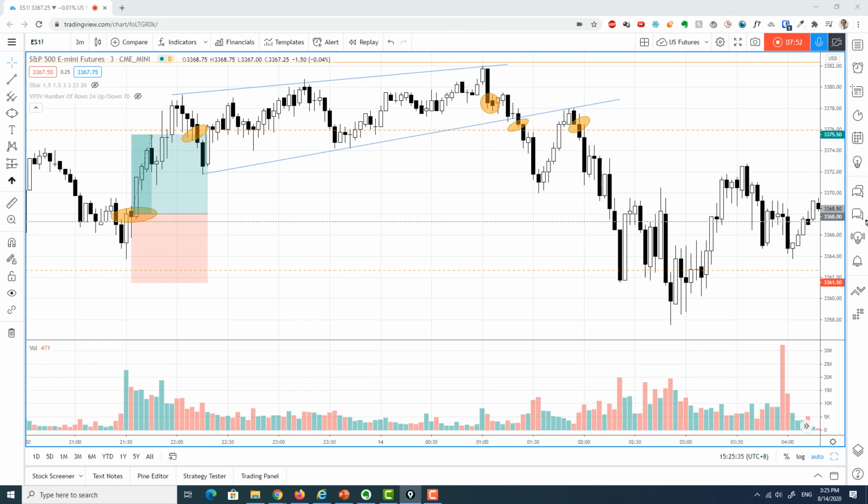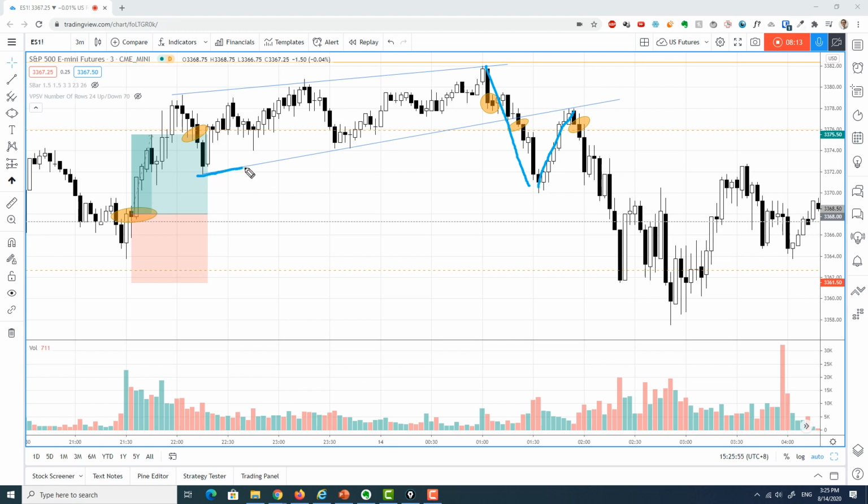And subsequently, you can see that we have an impulse down, a breakdown. So this is definitely a breakout to the downside, followed by a test. This is just a nice rally up to test the support and resistance level.